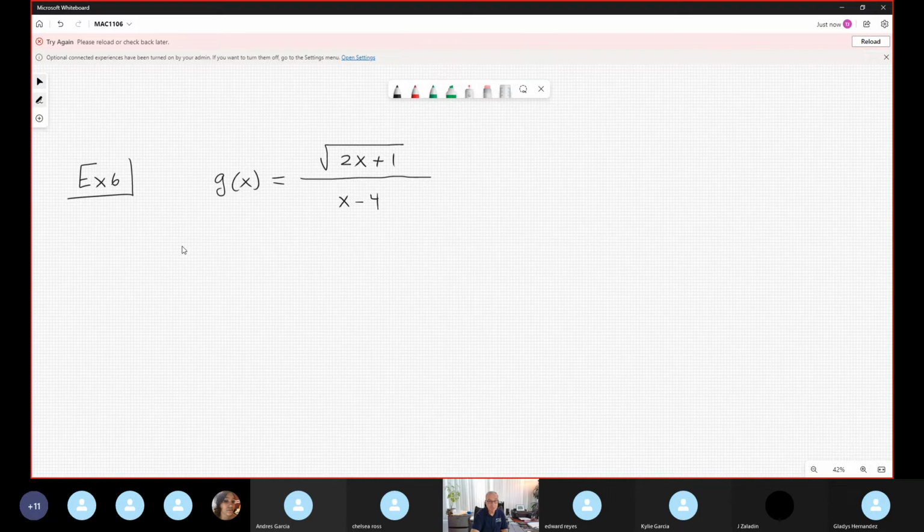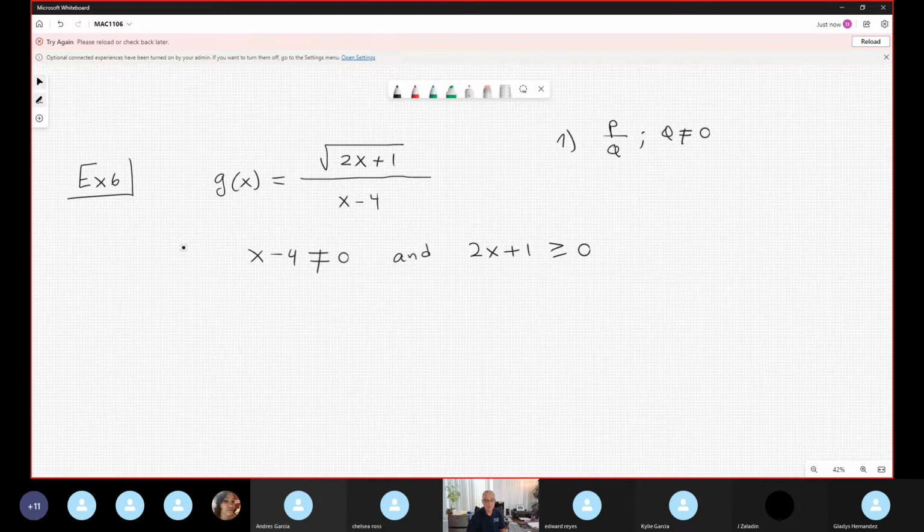How many restrictions can you see? Restriction number 1: when you have P divided by Q, Q is not 0. You take the expression in the denominator, x minus 4, and this expression must not be 0, because that's illegal. And the expression inside the square root, 2x plus 1, must be non-negative.